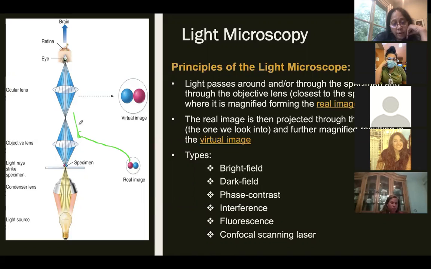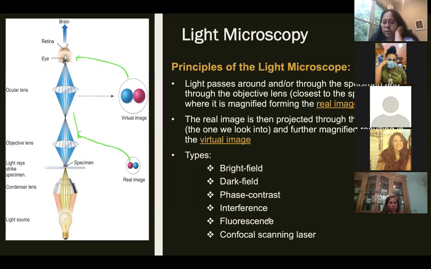So now, from that real image, light enters inside the ocular lens, and that makes an inverted image on your retina, and that's the virtual image. The virtual image actually falls here. Okay, so this is the principle of light.